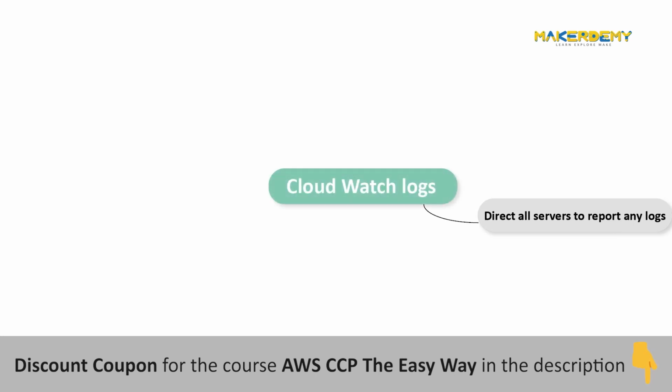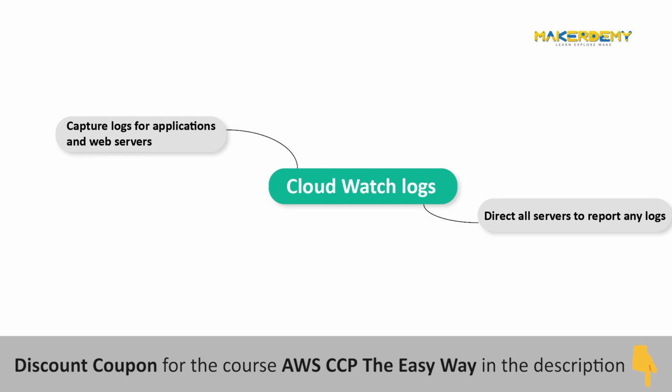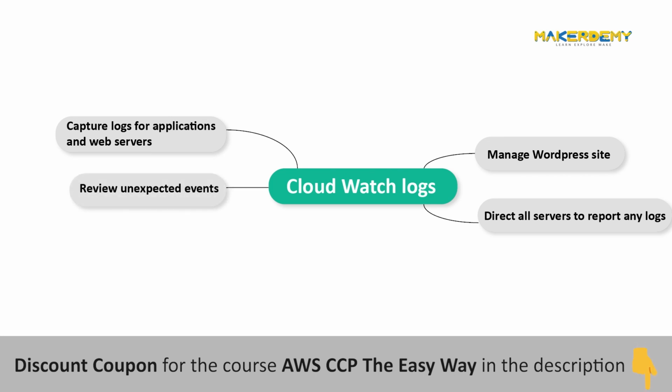CloudWatch also provides a repository for logging. This is a brilliant way to capture all the logs on your application and web servers. For example, you manage a popular WordPress site with 12 front-end web servers. You have an unexpected event which requires reviewing the logs.